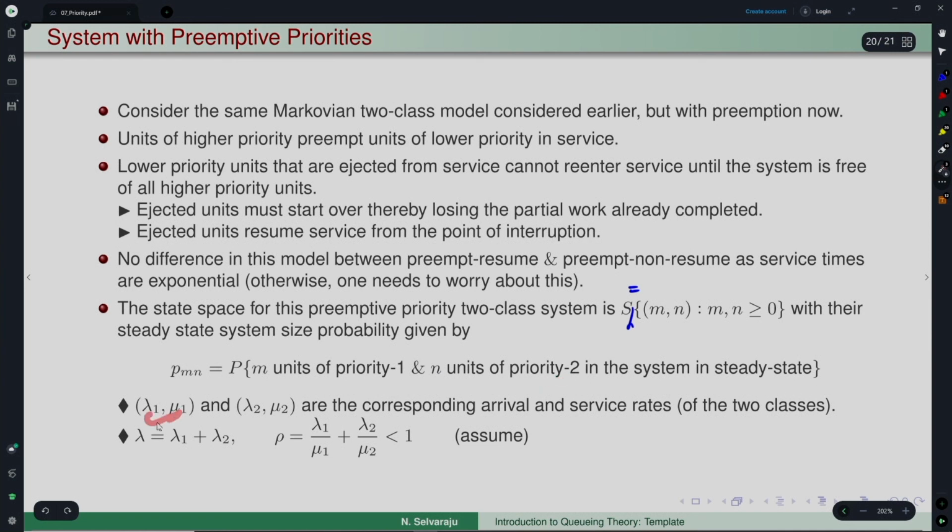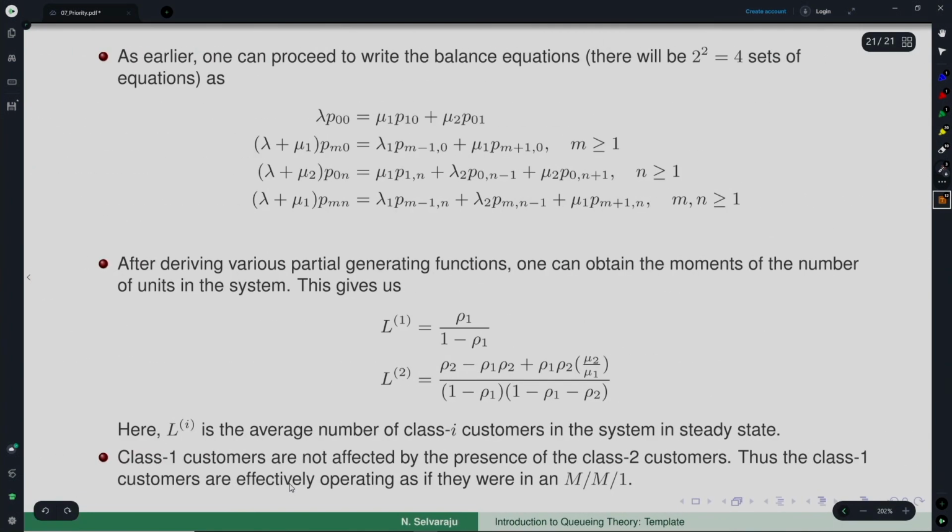As we said, there are two rates for each priority class: lambda 1, mu 1 and lambda 2, mu 2, arrival and service rates. Lambda we define to be lambda 1 plus lambda 2, and rho, which is rho 1 plus rho 2 in our earlier language, is lambda 1 by mu 1 plus lambda 2 by mu 2, which we need to assume to be less than 1 for the steady state to exist. This is the usual assumption that we have here.